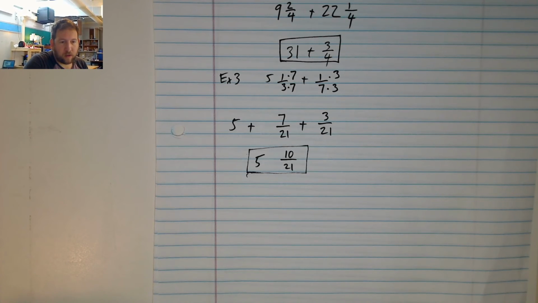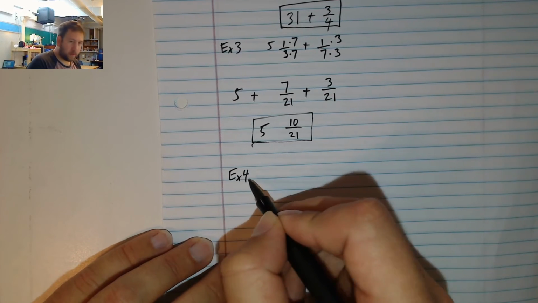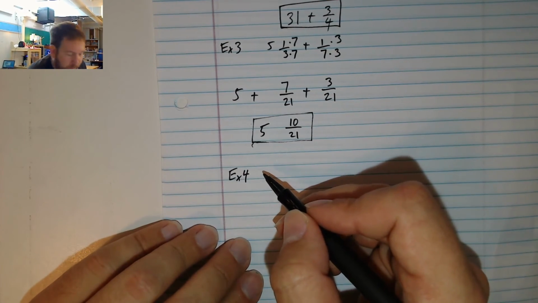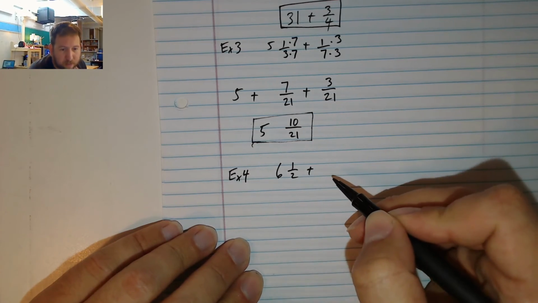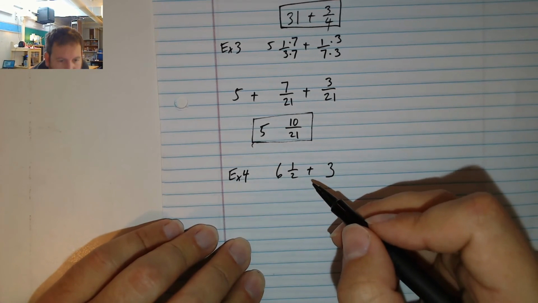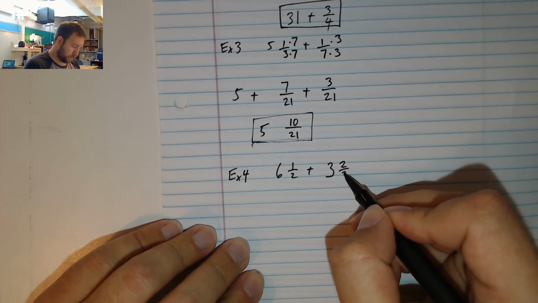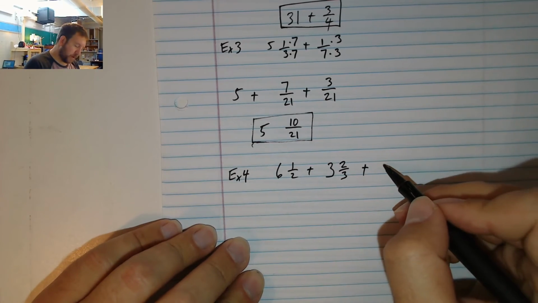Okay, I want to do one more quick example. This one, we're going to add up some fabric. I'm going to go fast in this one because I'm low on time. We're adding 6 1/2 plus 3 2/3 plus 5 4/5.